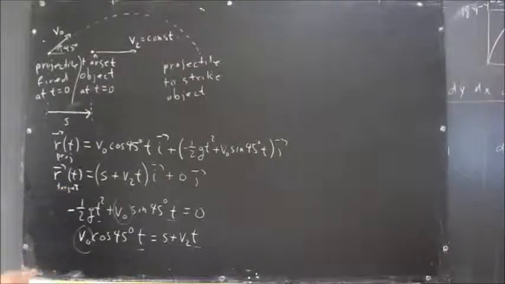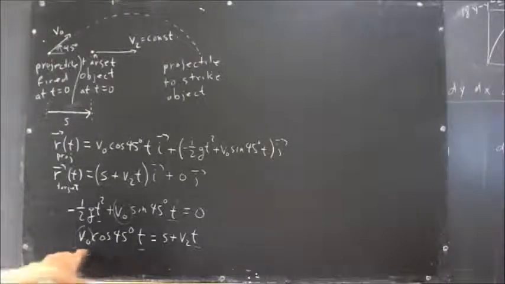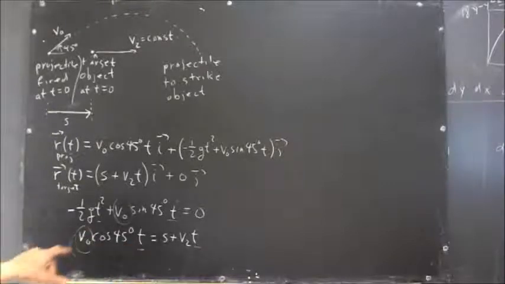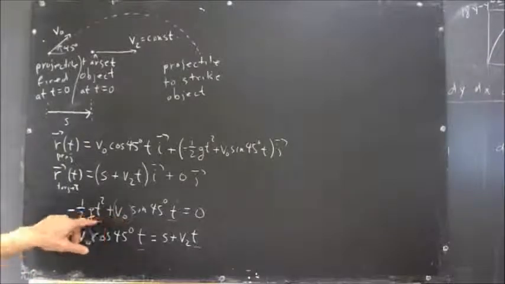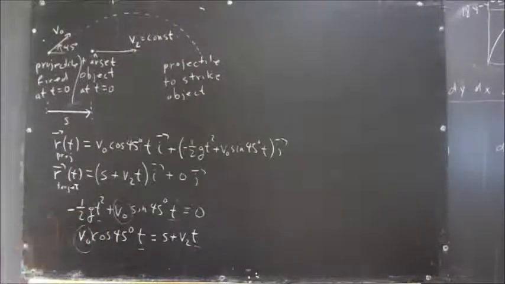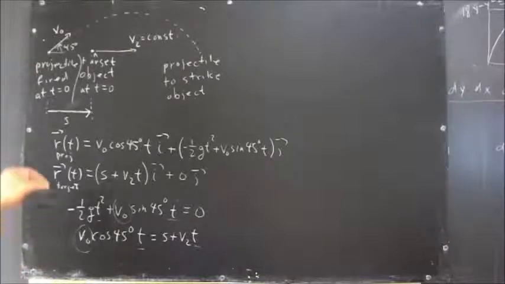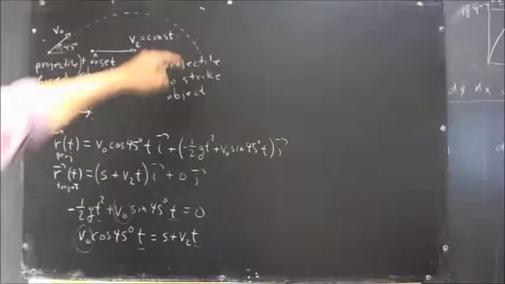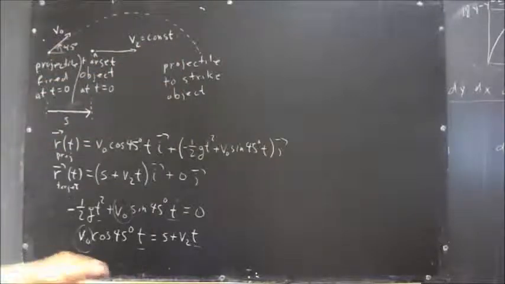When I say straightforward, it's a little messy, but this equation, for example, can be solved for v naught in terms of t, or for t in terms of v naught, whichever way you want, and then substituted back into this equation to get the solution. I'm not going to go through the details, but you should take that as a vector picture that allows you to fairly easily set up this situation and arrive at a solution.